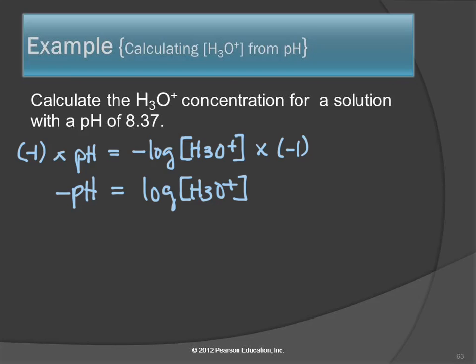On the ln, the natural log button, the other function is e to the x. So we do 10 to the x of both sides. So 10 to the minus pH equals 10 to the log of the hydronium ion concentration. And 10 to the log of something is just the something.